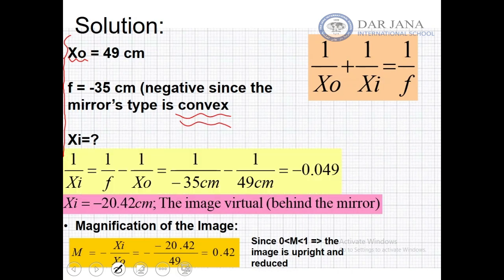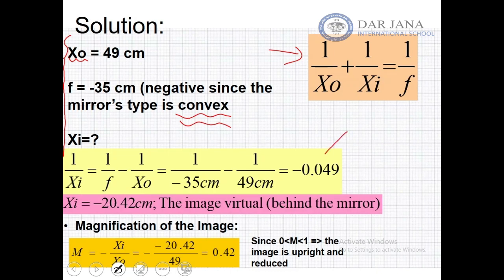In order to find Xi, as usual, we're going to use the general formula, 1 over F equals 1 over XO plus 1 over Xi, by using the shift solve method, or the mathematical method: 1 over Xi equals 1 over F minus 1 over XO. So it equals 1 over negative 35 centimeters, so it's not positive, it's negative 35 centimeters, minus 1 over 49 centimeters.